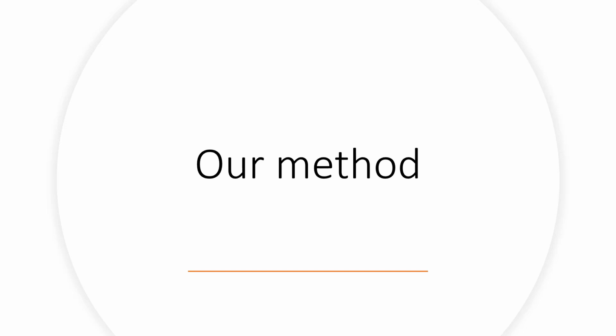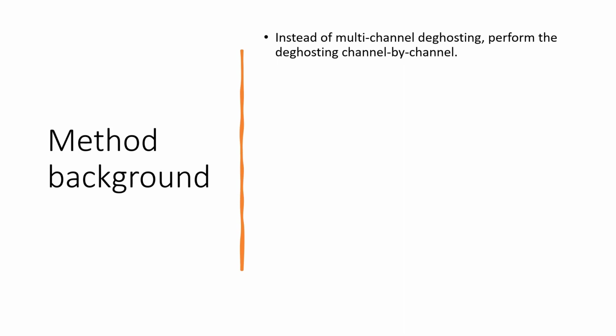So our method: instead of doing multi-channel slowness-based deghosting, we perform deghosting channel by channel. I call this method in some places position dependent, because we're calculating the ghost parameters, the reflection coefficients, etc., for various positions in the traces.